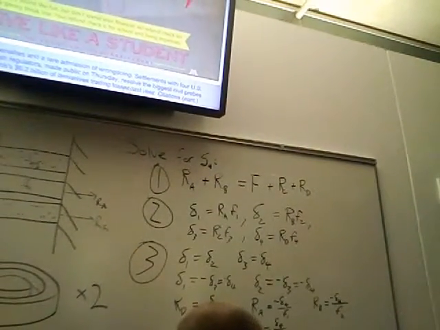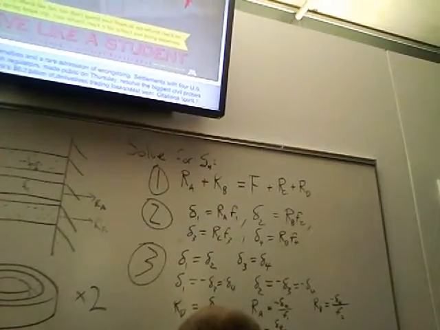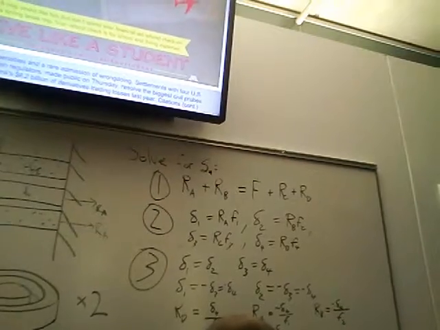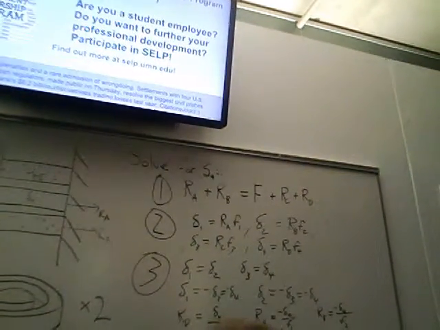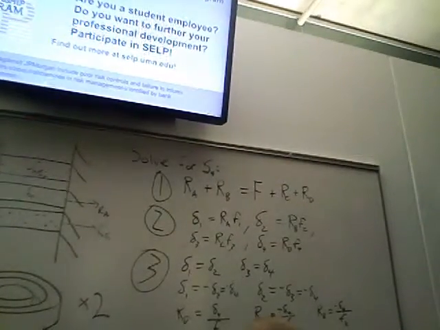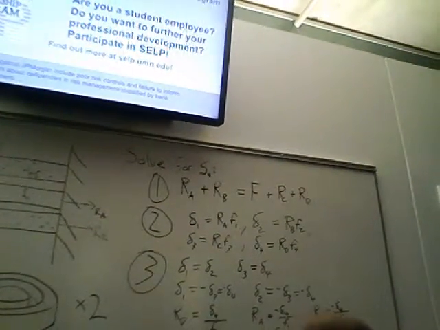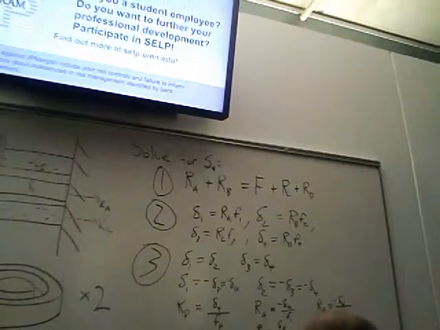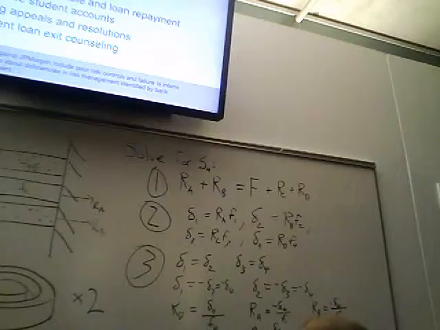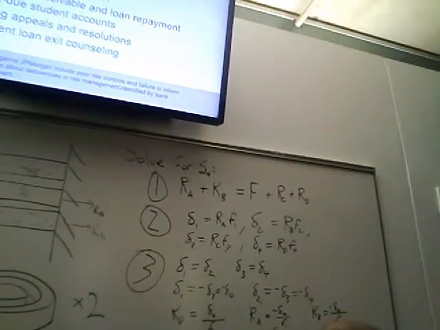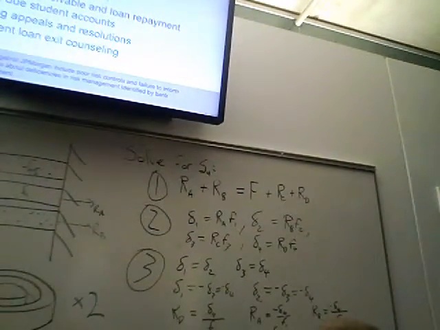So we got negative delta 4 over F1 minus delta 4 over F2 equals F plus delta 4 over F3 plus delta 4 over F4.